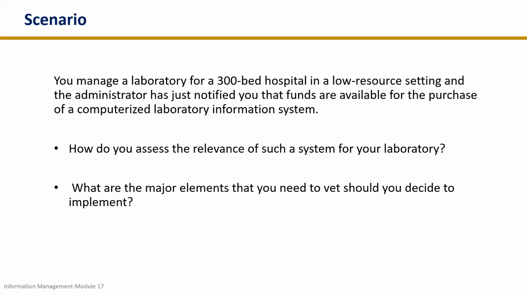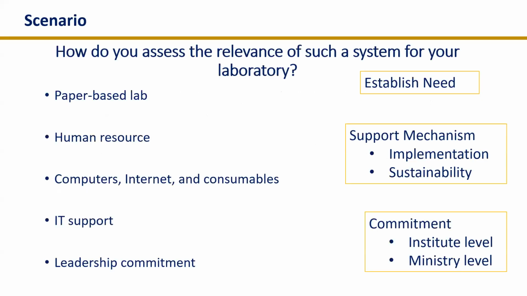Okay, great. Thank you. So the first thing is, how do you assess the relevance of such a system for your lab? Again, it falls into these three pillars. I mean, obviously, the list would be way beyond this. So if you have a paper-based lab, you're going to need it, obviously, and whether you can afford it or not is a question.